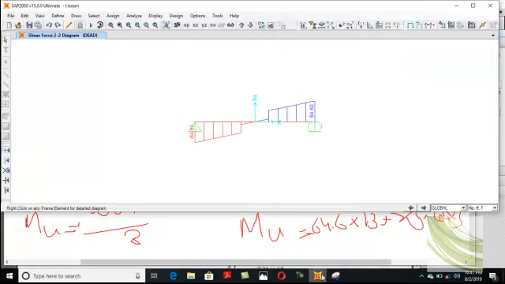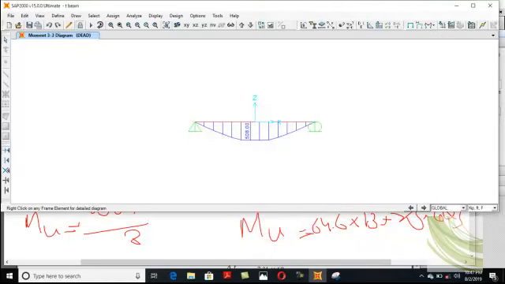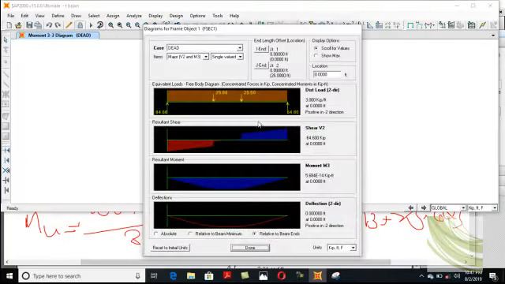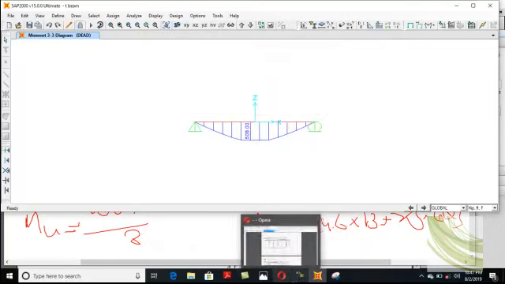From the shape you can see that the maximum will be at the center. Clear? And from the shape you can get these things very easily.